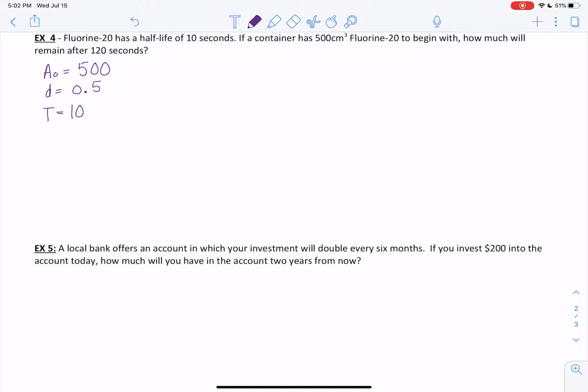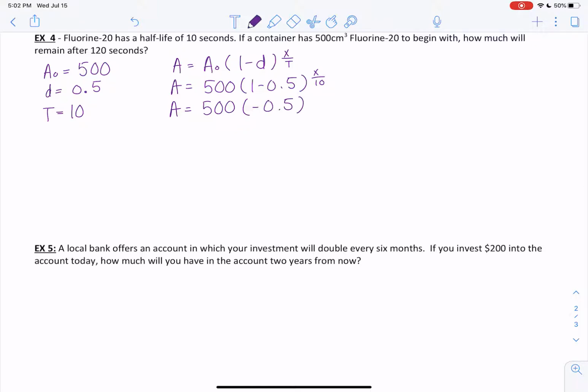So now let's build our equation. So we'll fill in all our values. And then I'll simplify. Now the question is asking us how much will remain after 120 seconds.